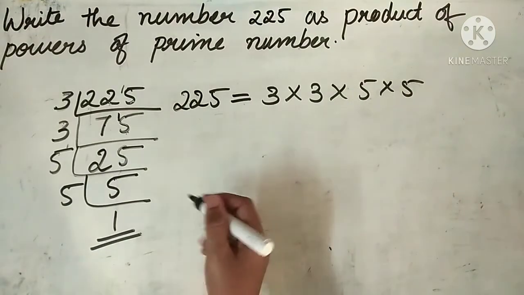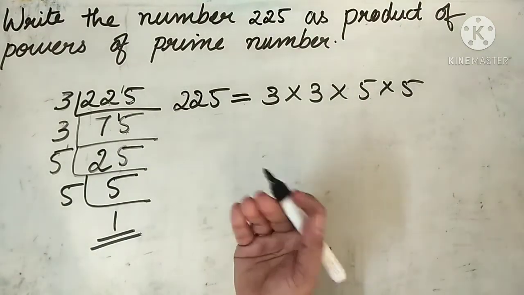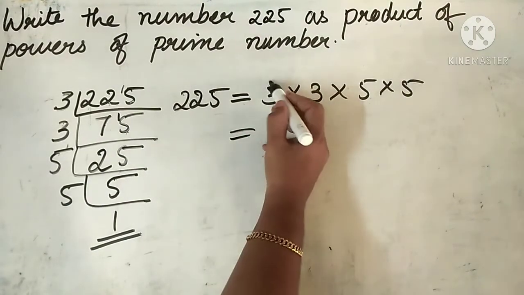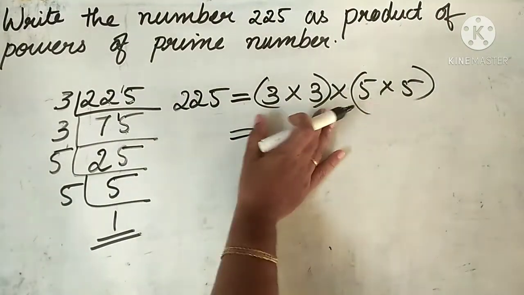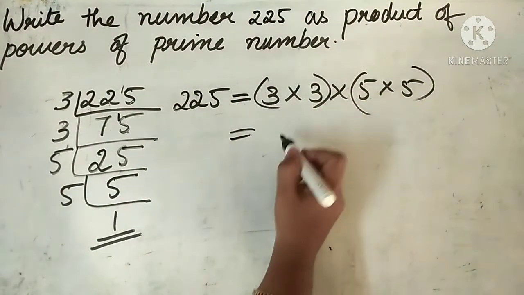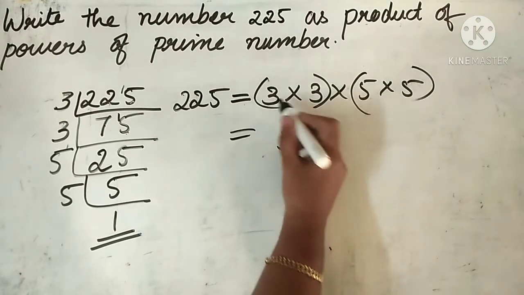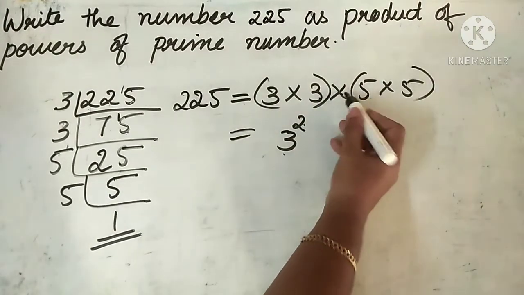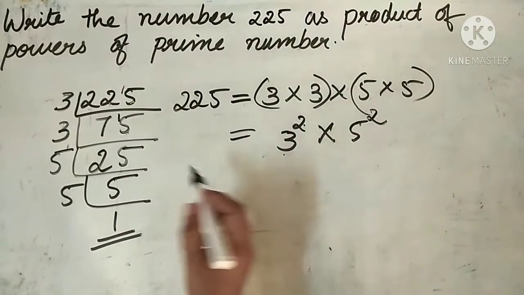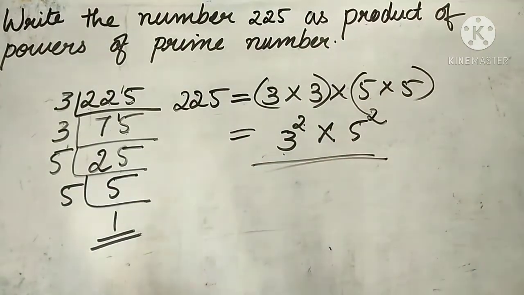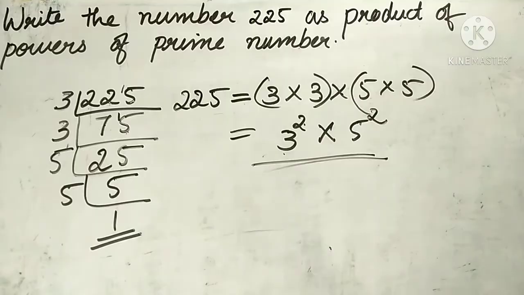How can we write it as a product of powers of prime numbers? We group according to the number. I group the 3s and 5s. 3 into 3 is 3 raised to 2, and 5 into 5 is 5 raised to 2. This is how we represent 225 as a product of powers of prime numbers.